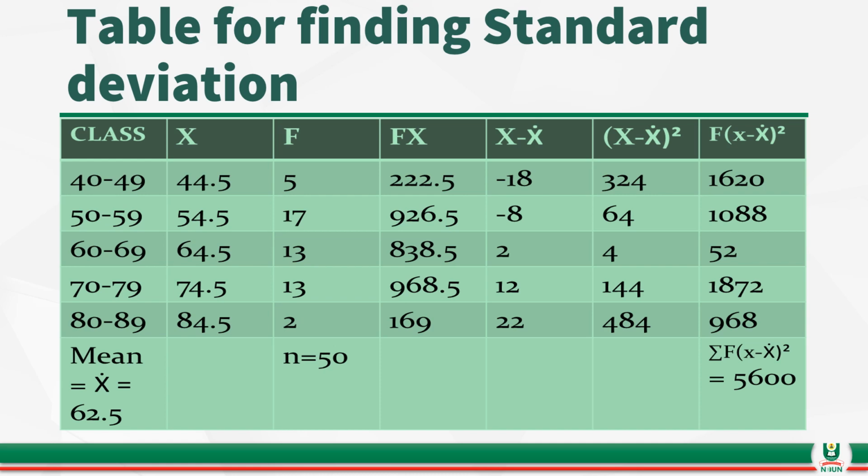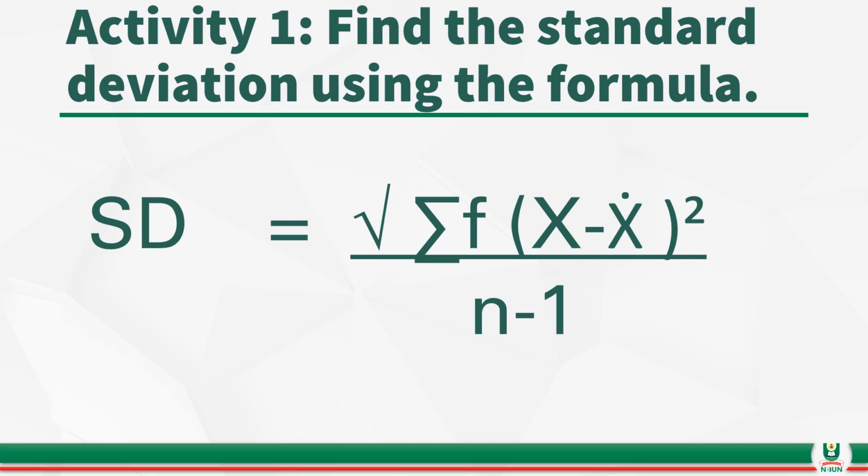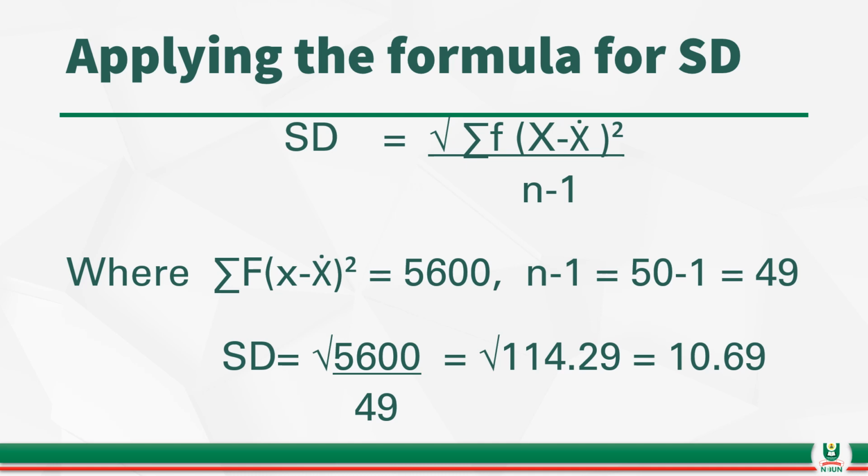Let's see what it is like. Activity 1: find the standard deviation using the formula as stated. So applying the formula, standard deviation is equal to the square root of the summation of the frequency multiplied by the mean deviation squared, over n minus 1.